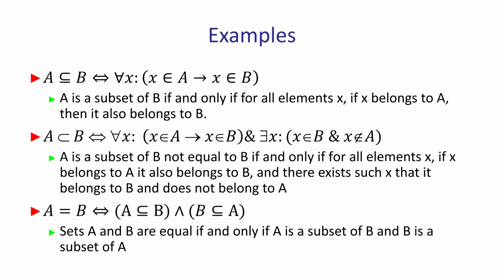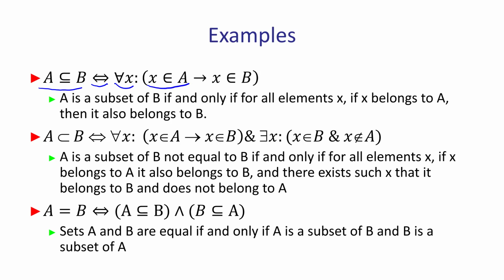Now I want to show you a few examples to see how formally you could define existence of subsets or equality of sets and so on. I will follow those things from left to right and try to explain each symbol separately and to show you how you actually read that mathematical notation. So here it says that A is a subset of B if and only if for all x the following is true.